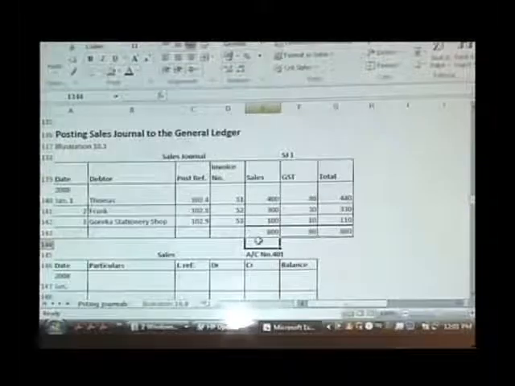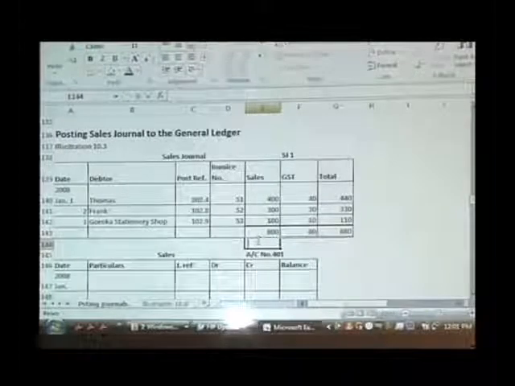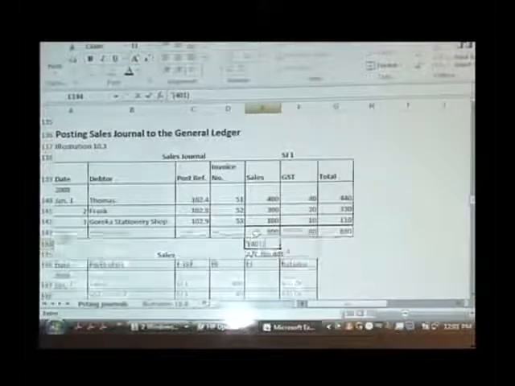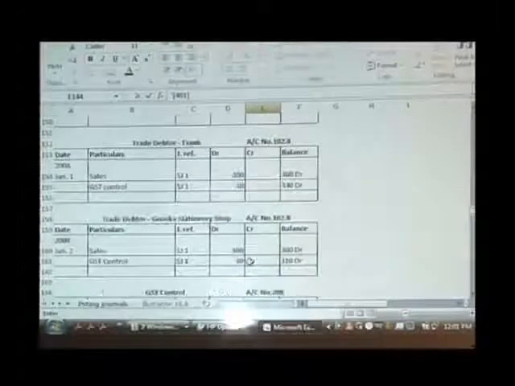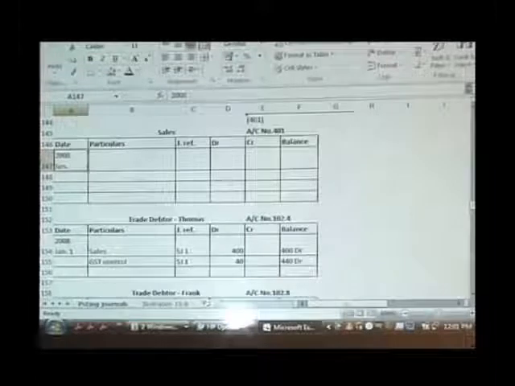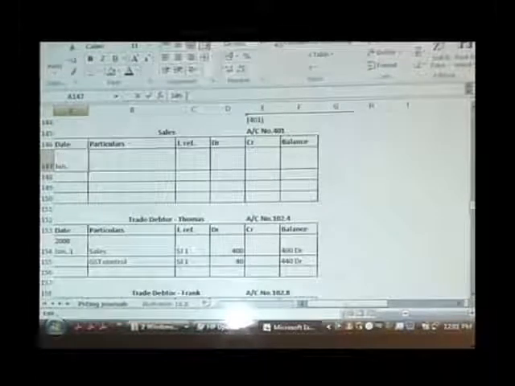Now, the sales column total is posted to the sales account. Sales account, account number 401. Sales account here, the last date of the journal is 3rd.